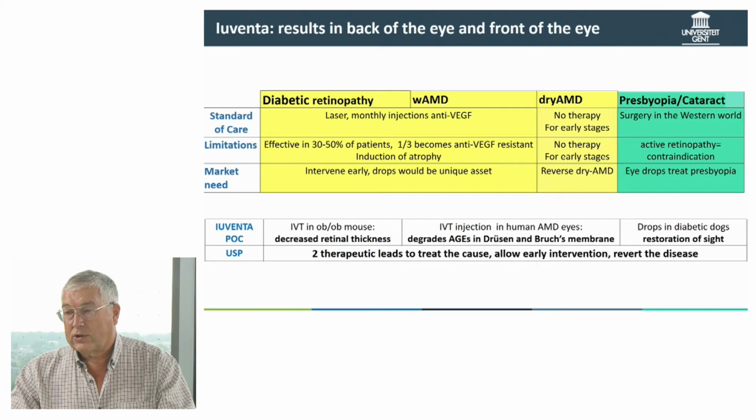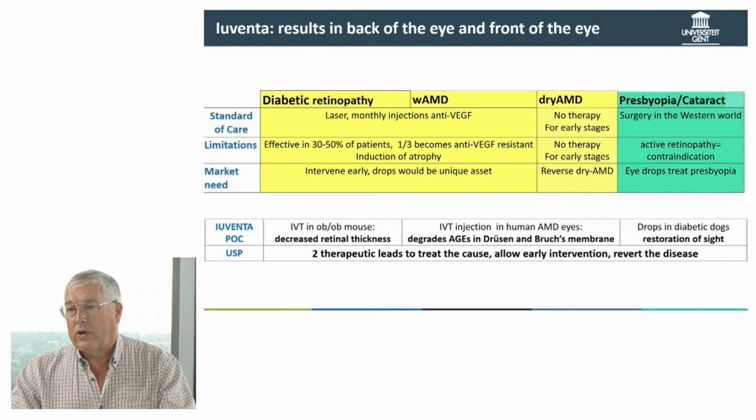For dry AMD, there's currently no therapy, so it's clear that a treatment that would reverse dry AMD will be desired. For presbyopia and cataract, typically you have surgery in the Western world, but active retinopathy is a contraindication. So again, eye drops being able to treat presbyopia and cataract would be desirable.